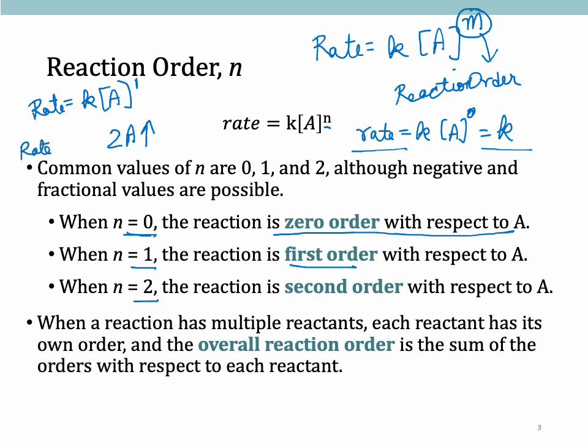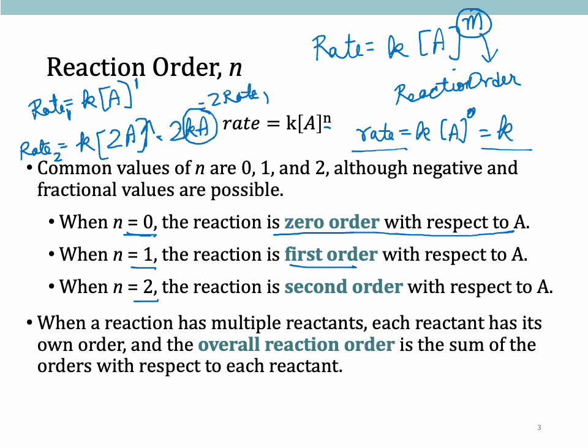My new rate will be k times 2A, which means it will be 2k, which means my rate has also doubled in comparison to previous one. So if this was my rate 1, this is equal to 2 times rate 1. So my second rate is twice the rate 1, which means this is first order reaction. When you double A, your rate also doubles. When you triple your A, your rate will also triple.